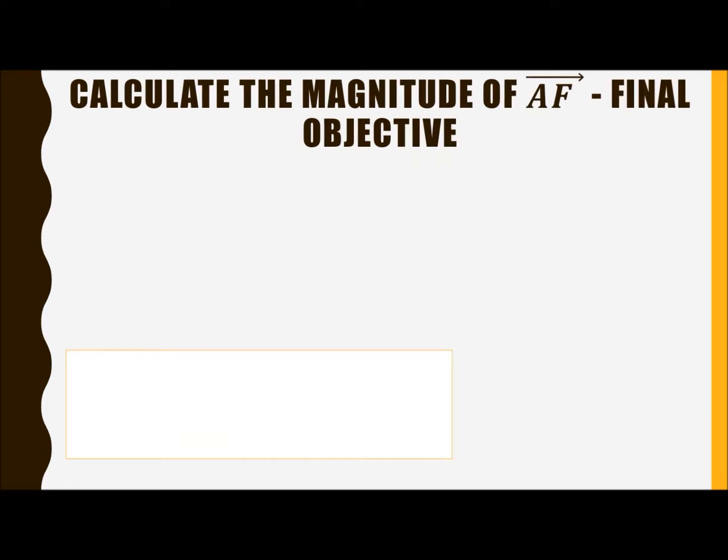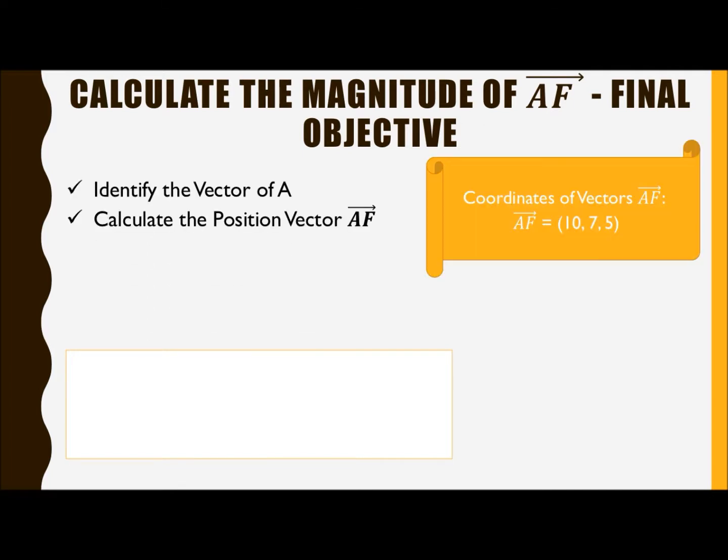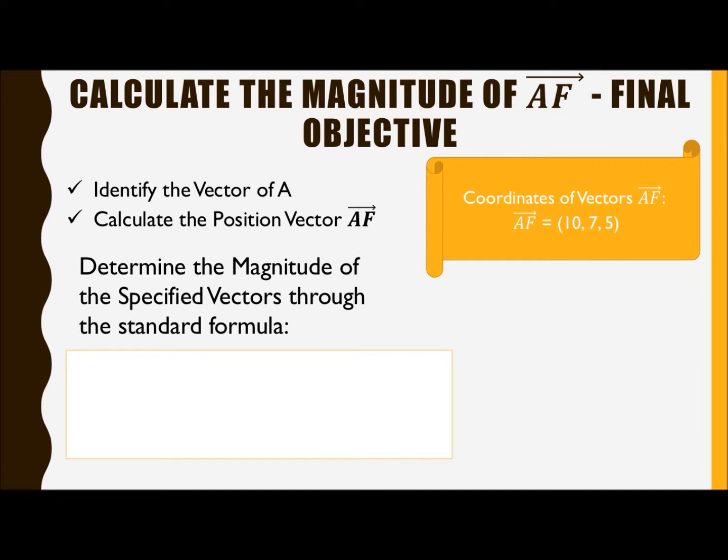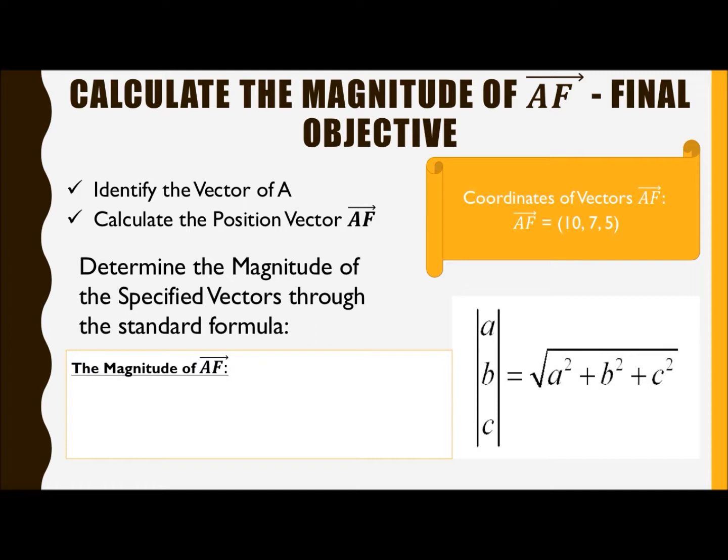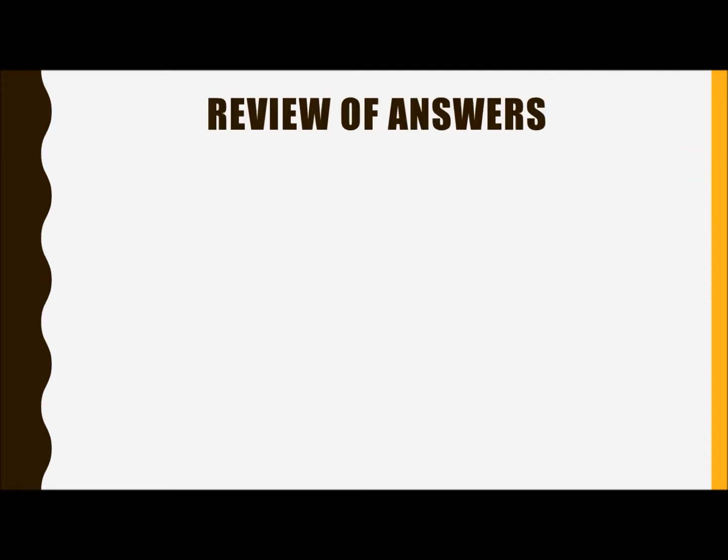By determining the individual coordinates of the specified points A and F, as well as calculating their position vector, we are now required to determine the magnitude of the specified vector, which is completed through the standard formula root a squared plus b squared plus c squared, where we substitute the given integers of position vector AF into this rule to obtain a magnitude equal to root 10 squared plus 7 squared plus 5 squared, which is equal to root 174.